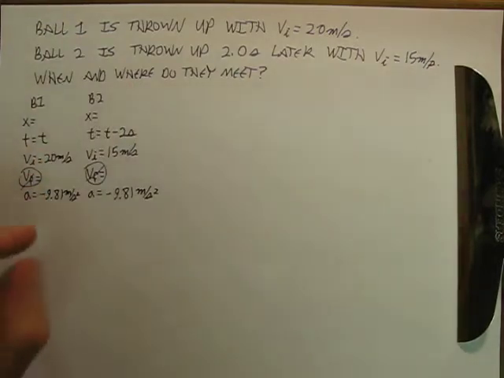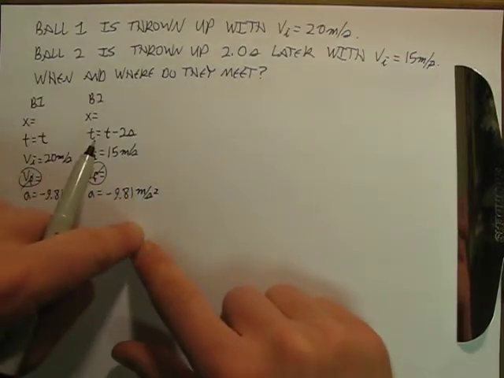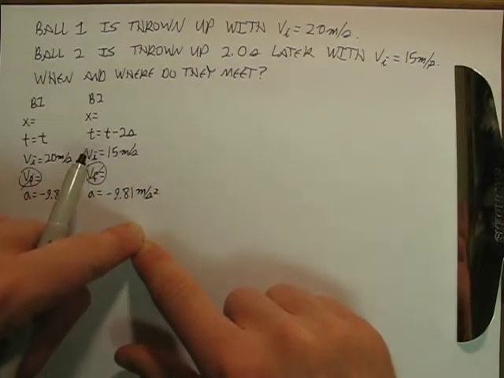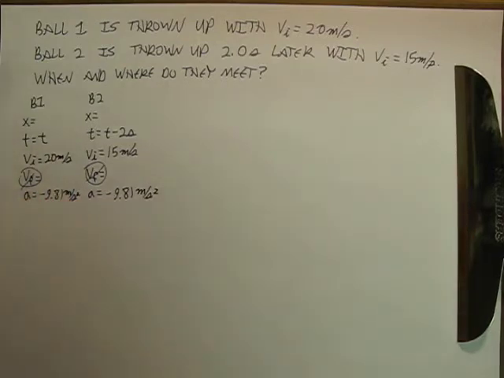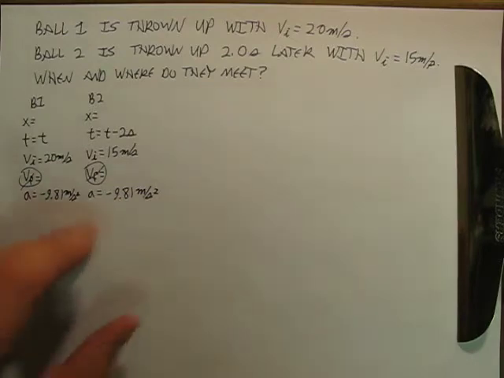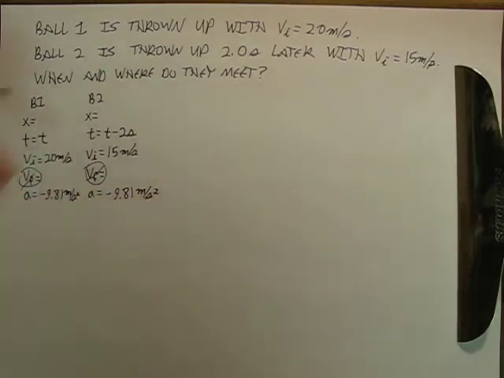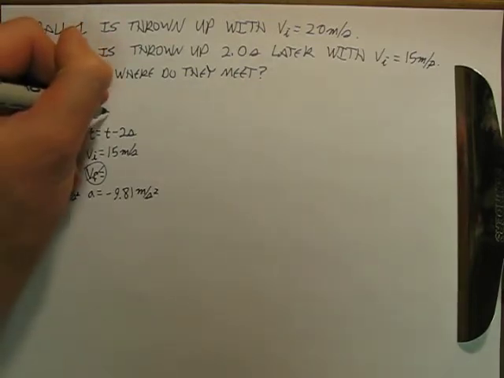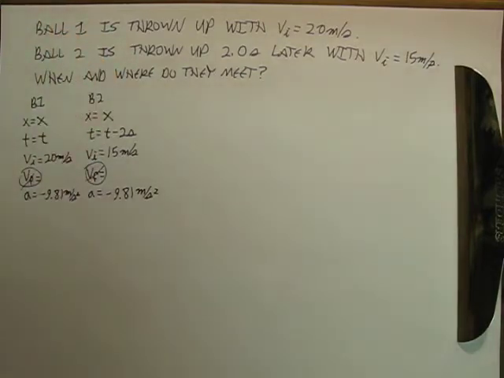Now here's another interesting thing. Ball 1 goes, and then ball 2 goes, and then they meet. Well, when they meet, that means that their X positions, they started off with the same X, they're going to end up with the same X. So they're going to travel the same overall distance, from where they start to where they end. So ball 1 is going to go a distance X, and ball 2 is also going to go a distance X.